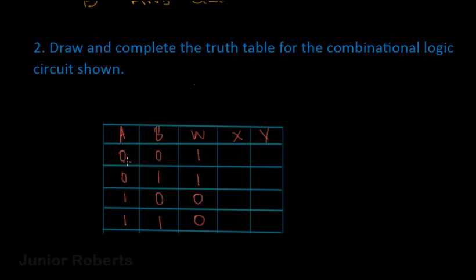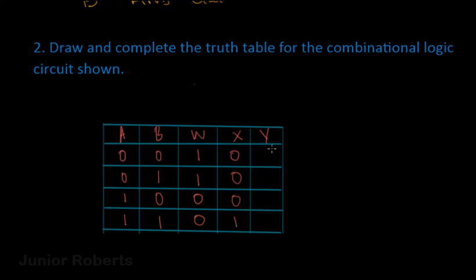The only way we get a 1 at the output of an AND gate is if we have both 1s at the input. So when we have 0 and 0 to an AND gate, we get 0. 0 and 1, we get a 0. 1 and 0, we also get 0. And then 1 and 1, we get 1.